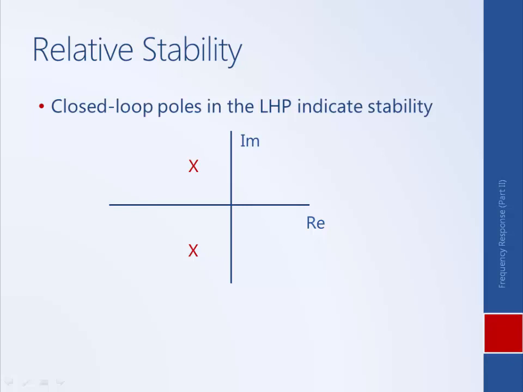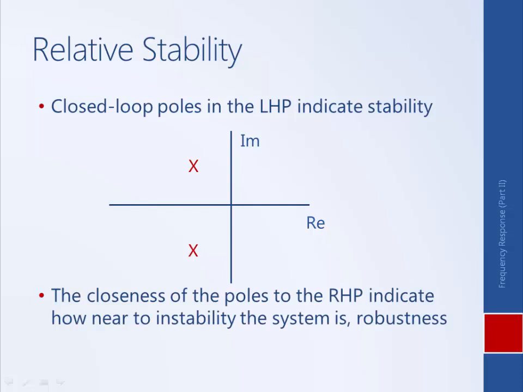We want to have some margin so that if we were incorrect in our analysis, the system remains stable. One way to assess relative stability is how close we are to crossing into the right half plane, because poles with positive real part have exponential growth indicating instability. So the farther we are away from the vertical imaginary axis, the more stable we are.